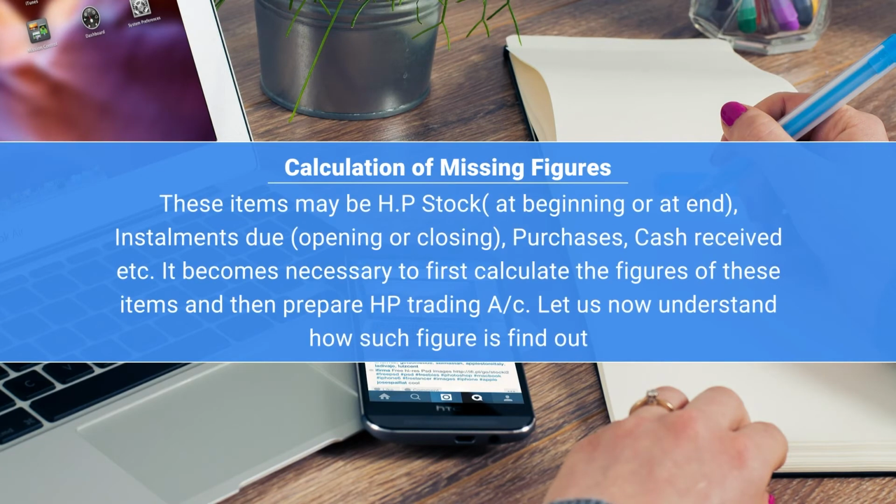So we need to locate those missing figures, and then prepare the hire purchase trading account. Under this system, these items may be hire purchase stock at beginning and at end, installments due opening and closing, purchases, cash received, etc. It becomes necessary to calculate the figures of these items and then prepare a hire purchase trading account.